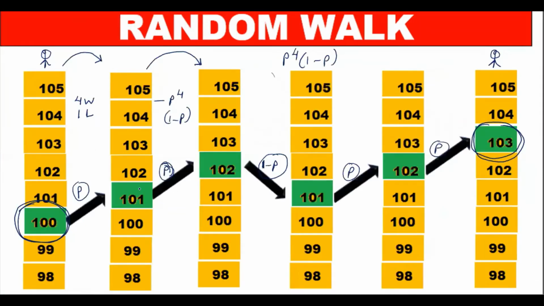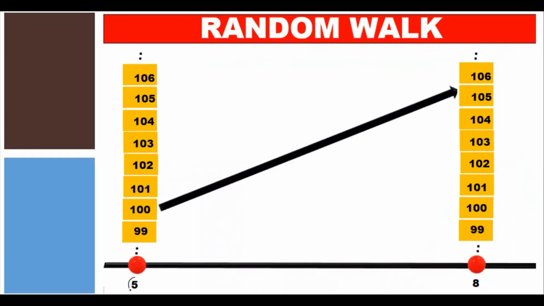Now in between all these, I have not written the time points. Here the point is 5 and the point is 8 here. I have 3 time periods, 3 times, 5 to 8. That means I have 100 now, and someone says I want you to have 105 in 3 games.